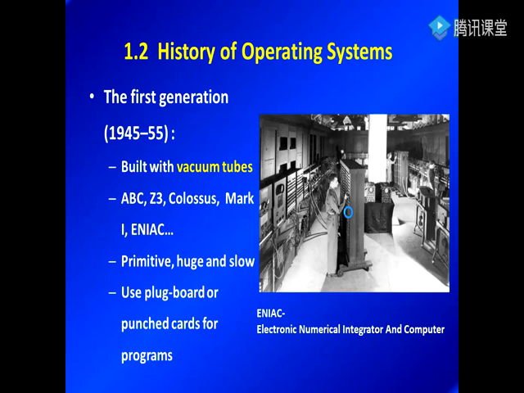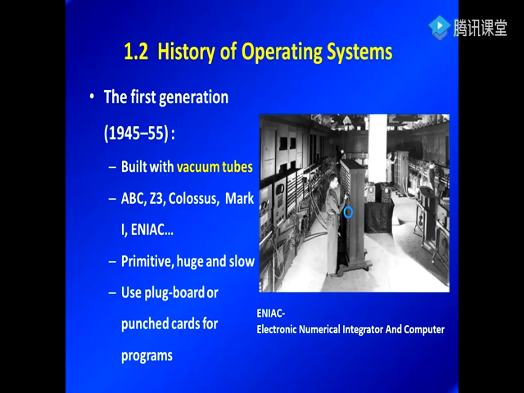But for the first generation of computers, actually, there is no program. It's just some steps of calculations running on this computer. Those procedures can use all the resources in a non-sharing way.